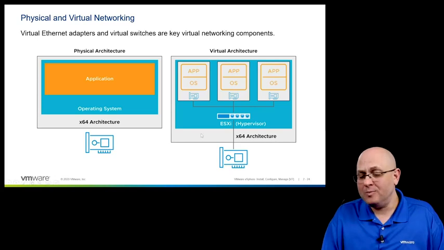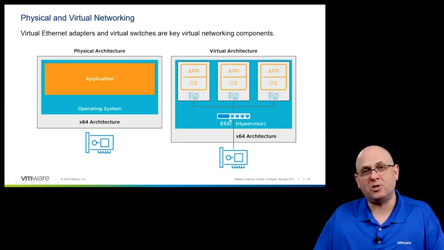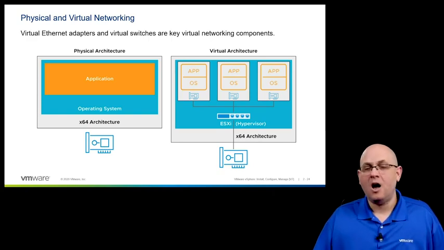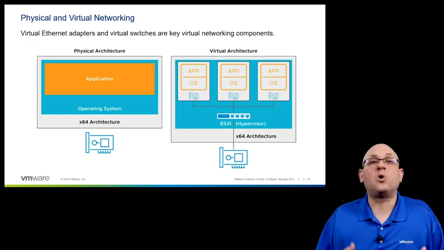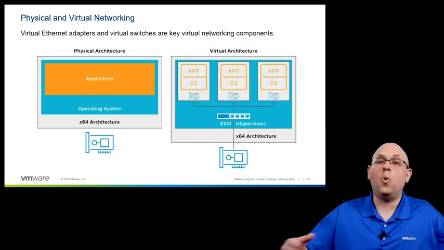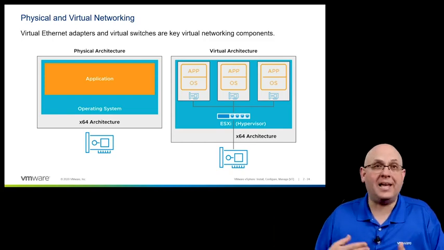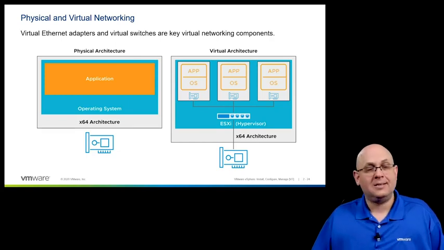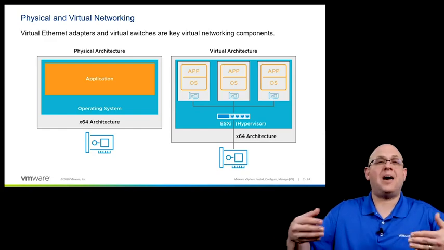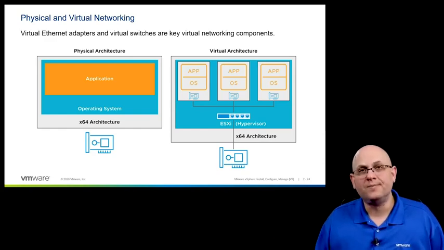But when it comes to a virtual infrastructure, we know that in almost every case, all of our virtual machines are going to need a virtual network card. And there's certainly no way that we would have on our ESXi hosts, say, for example, if I ran 50 virtual machines on a host, there's no way I'm going to have 50 network cards on a host.